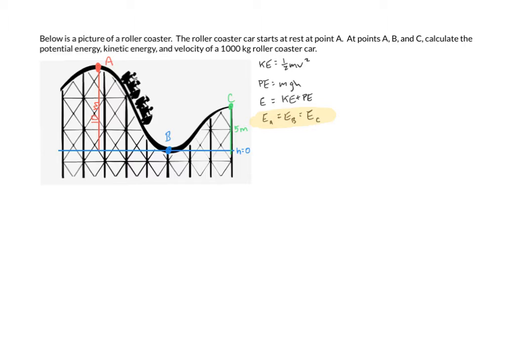So let's start at point A, because again, point A is the simplest. So I'm going to go ahead and start down here. At point A, my givens are the mass of the cart is 1,000 kilograms. G is 9.8, but I'm going to go ahead and round that to 10 meters per second squared.